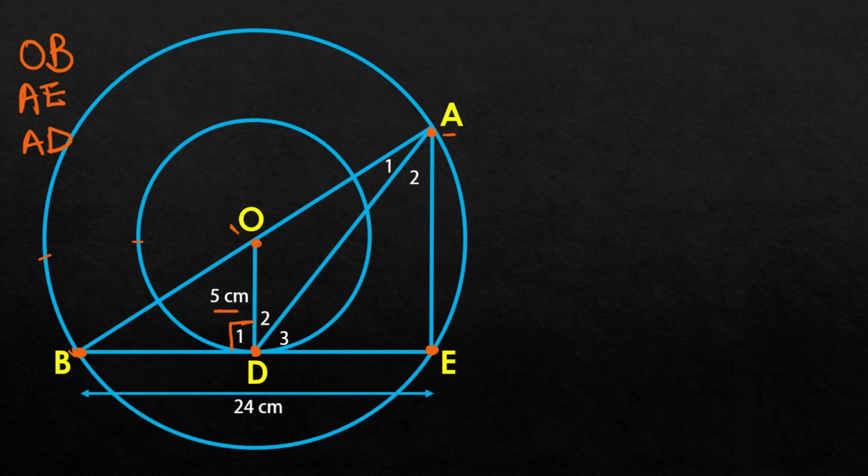Another thing that you'll notice is that we have got OD, which is a radius through a smaller circle. But if we extend the same radius, for an example, all the way to the circumference of the larger circle, then it becomes a radius of the larger circle as well. So let me say this, we introduce a point F. So from point O to point F, we have got a radius.